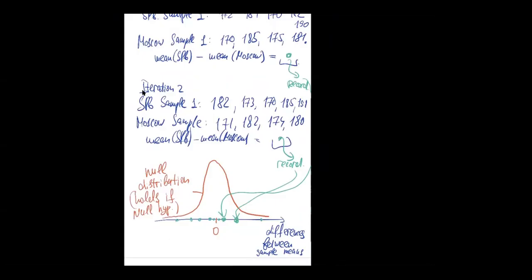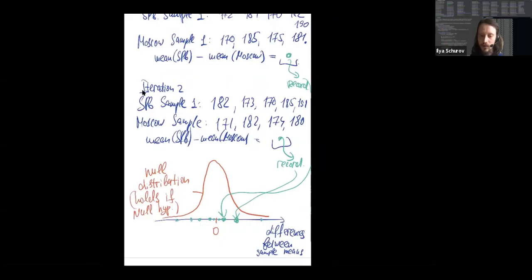Now we speak about null hypothesis that there should be no differences between samples. Yes. If we believe in null hypothesis, of course it is possible that sample mean here is different from this sample mean.